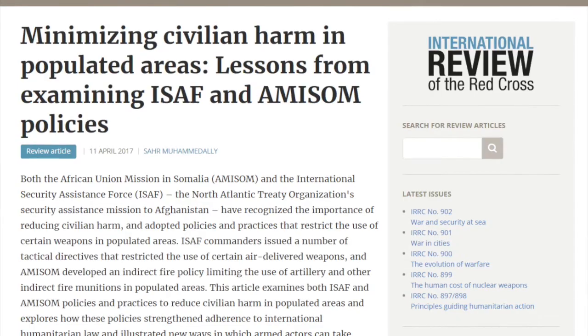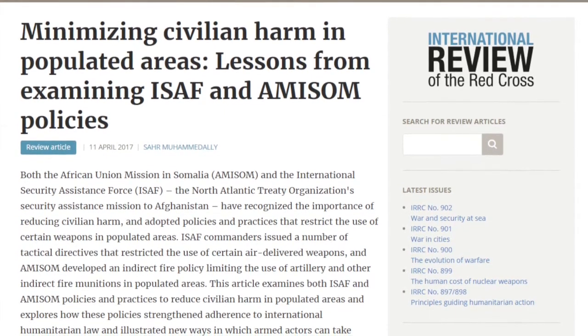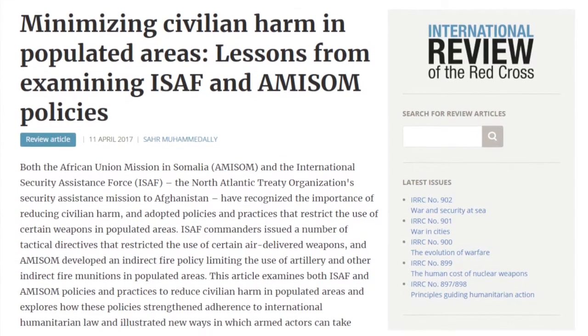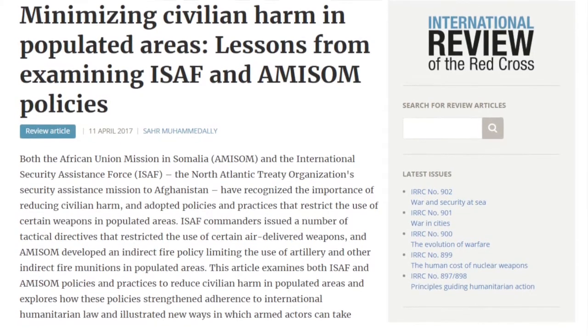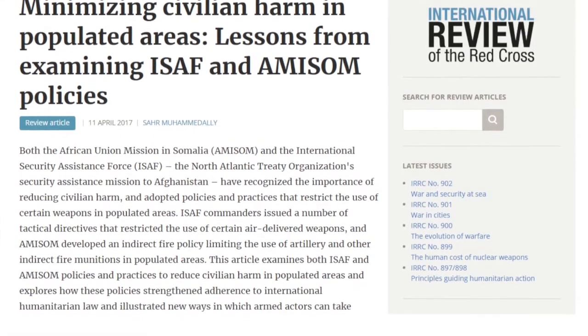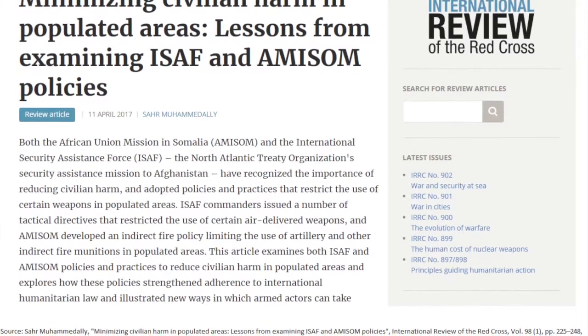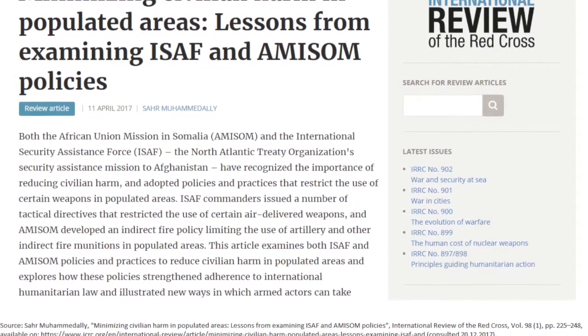And in Afghanistan, this article that I wrote for the ICRC reviews looks at how the U.S. military and NATO forces started realizing that in the fight against Al-Qaeda and the Taliban, civilians were getting killed, and they started developing protocols, better measures on trying to reduce harm to civilians.